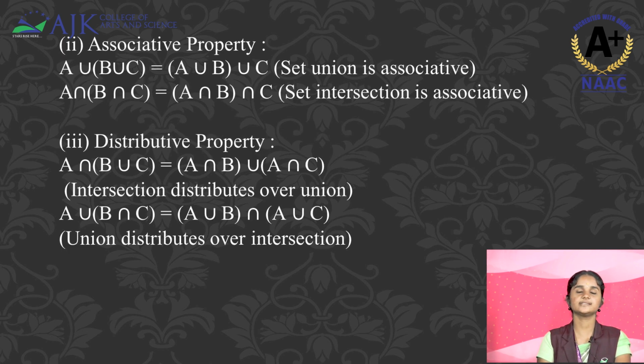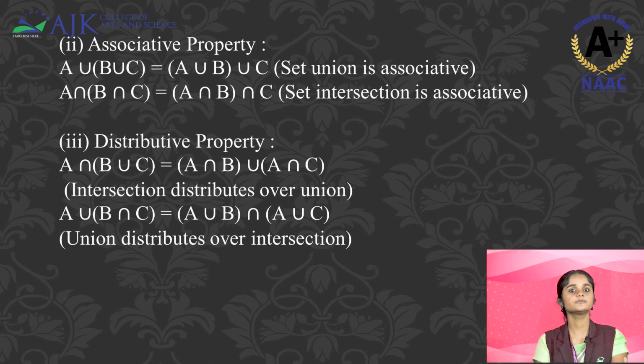So the next property is the associative property. A union B union C equal to A union B union C. Set union is associative. For example, we consider any three numbers, 1 plus 2 plus 3, which is equal to 6.